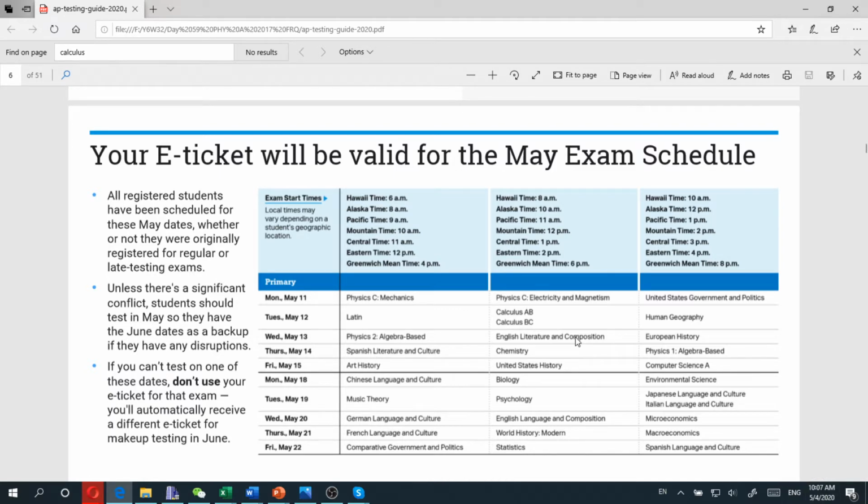And then Physics C Mechanics is the night before that, but it's going to be 2 hours earlier. So you need to be ready at 11:30 to go, and your test starts at midnight. So that's 11:30 p.m. on Monday, May 11th.